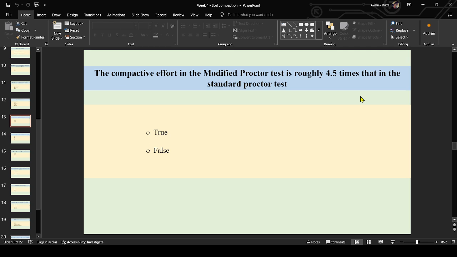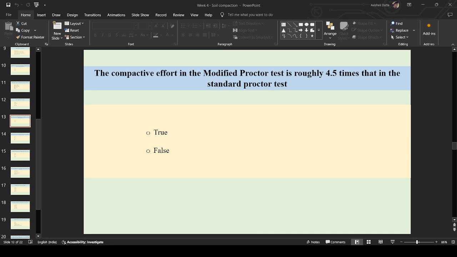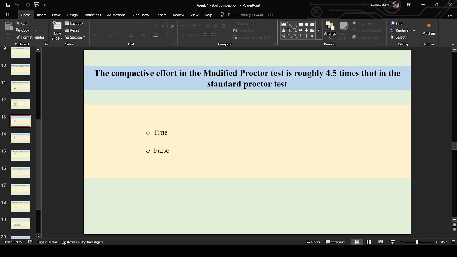I repeat the statement. The compactive effort in the modified Proctor test is roughly 4.5 times that in the standard Proctor test. Is this statement true or false? Just a moment. Okay. So I'll go to the next question.